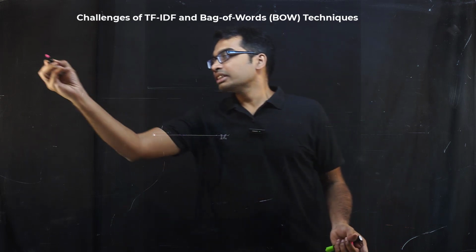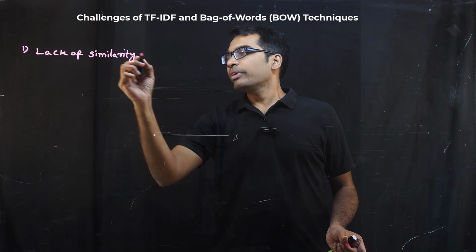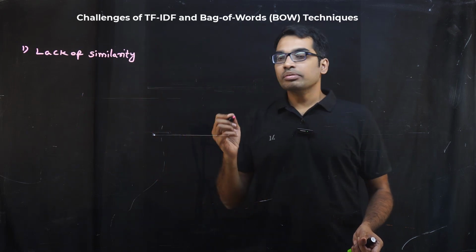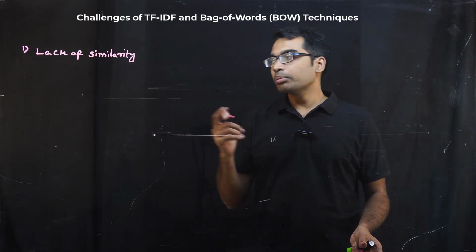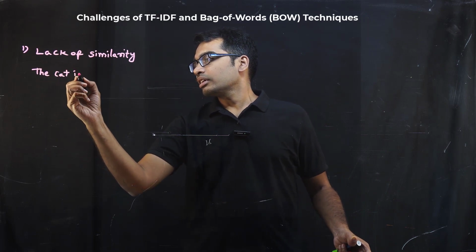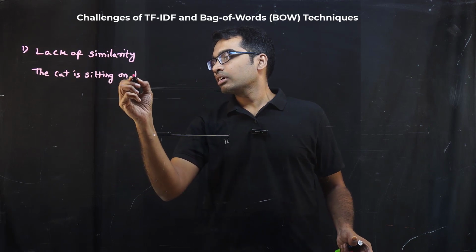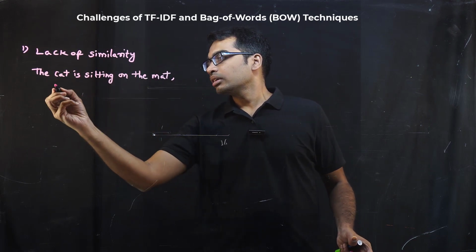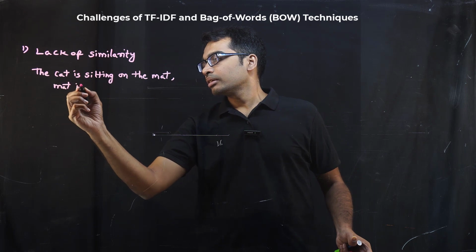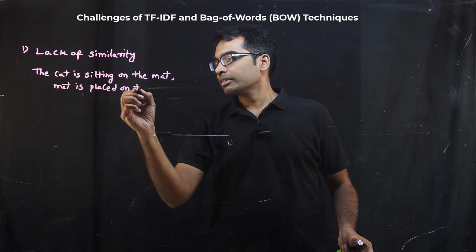So the first challenge is the lack of similarity. Let's talk about it with a few examples. Let's say, the cat is sitting on the mat, and the mat is placed on the carpet.